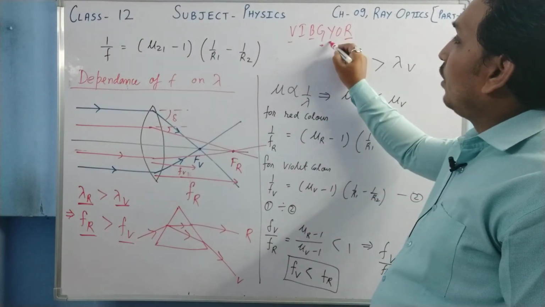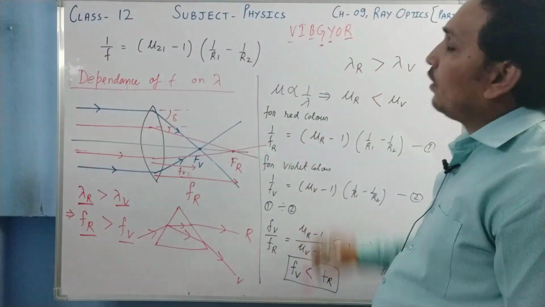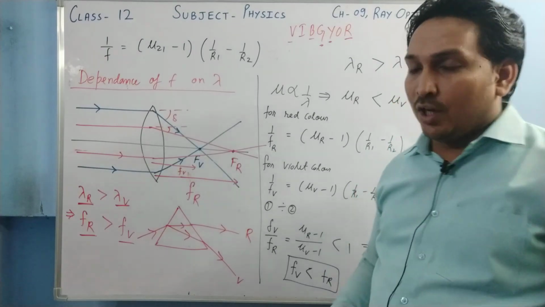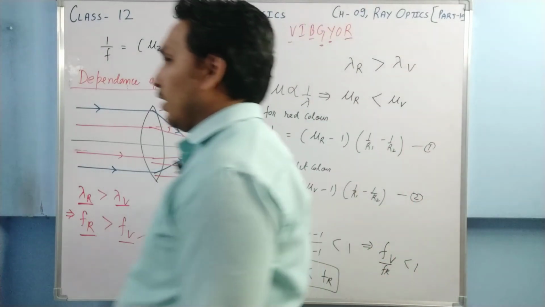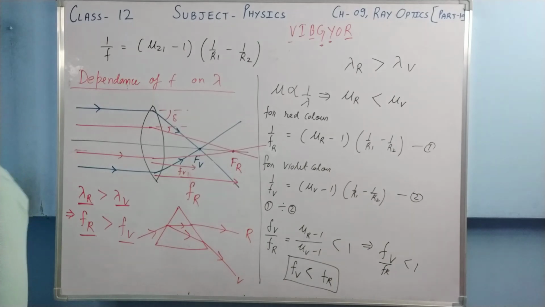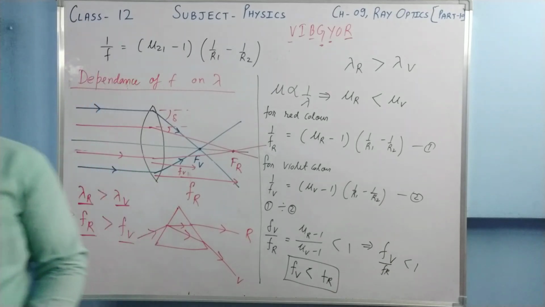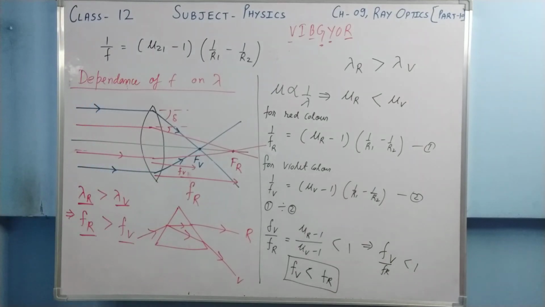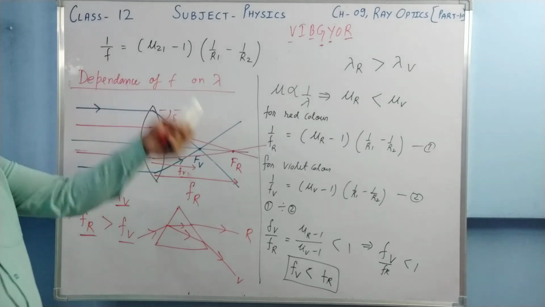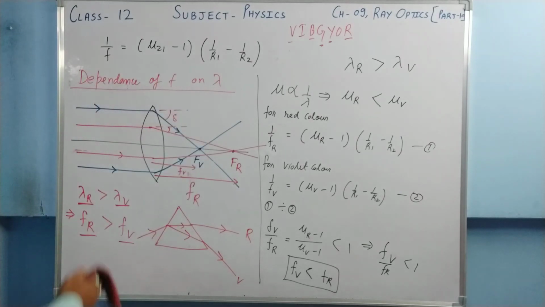Focal length of yellow color will be less than the focal length of red color. So for any two colors we can understand from here. This is how the lens maker's formula is applied to know the focal length of various lenses, and this is how we understand the dependence of focal length on the wavelength of the light used.